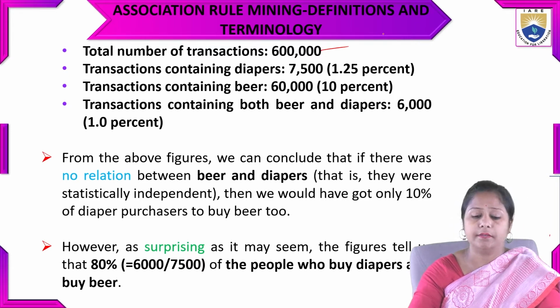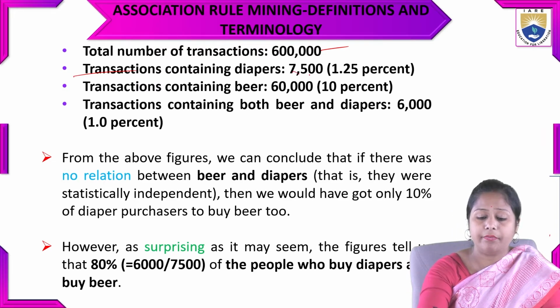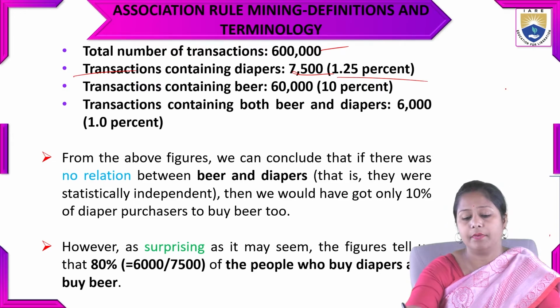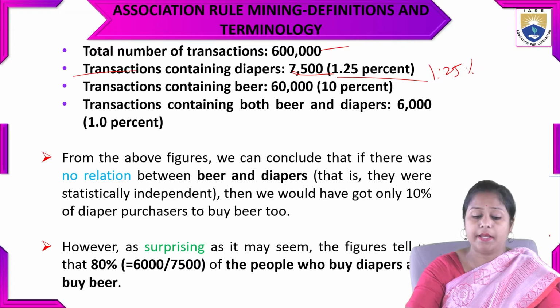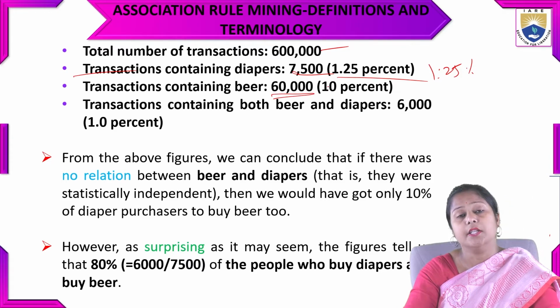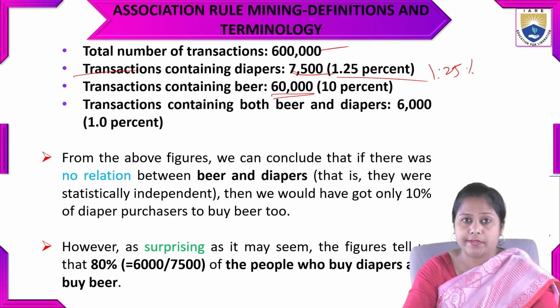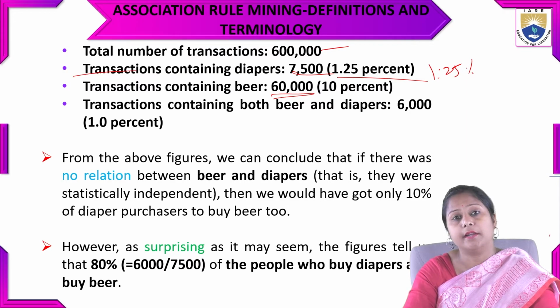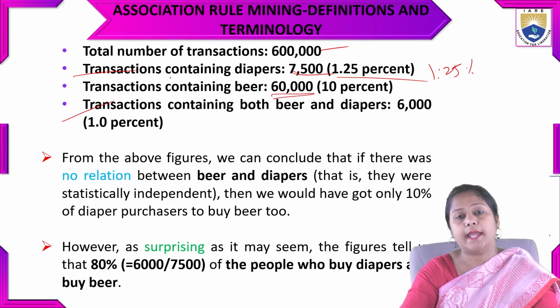The transactions containing diapers are 7,500, which is 1.25% of the total number of transactions. The transactions containing beer are 60,000. These are the numerical values from one retail store over time for this example. Next, transactions containing both beer and diapers are 6,000, which is 1% of total purchasing.